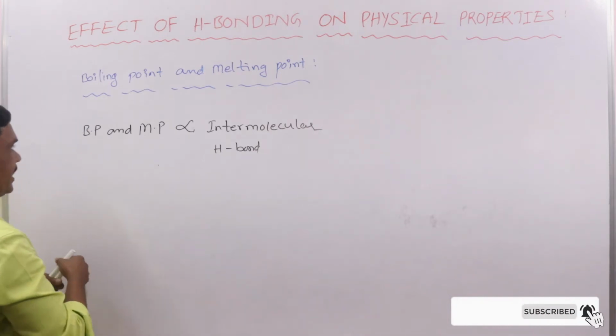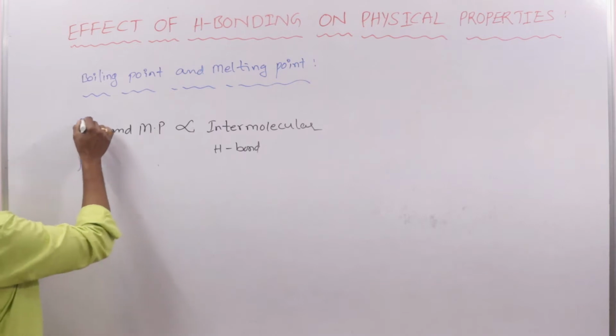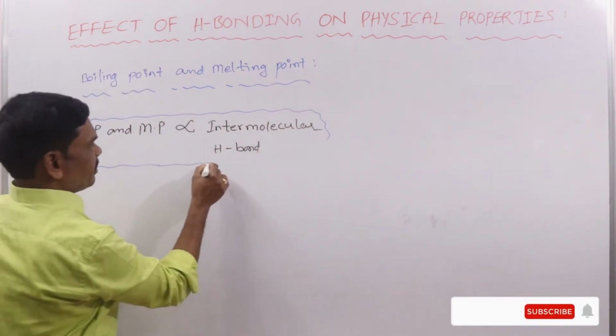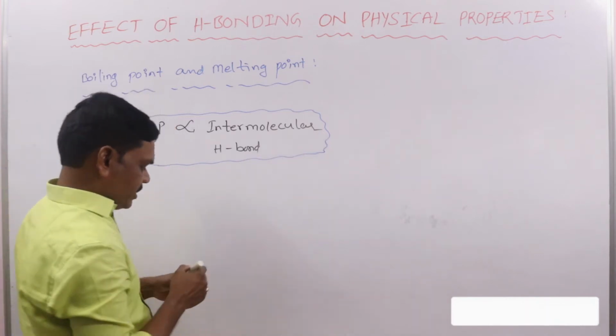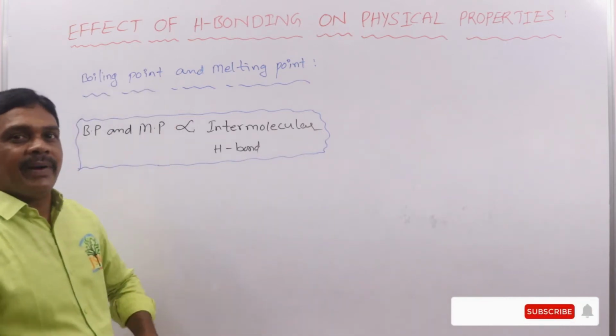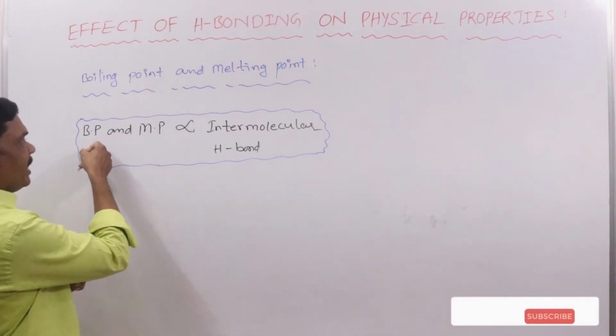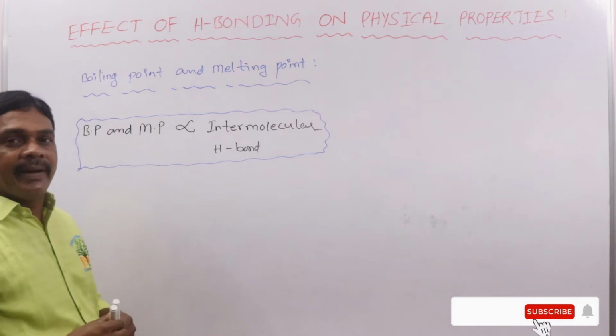Intermolecular hydrogen bond means the extent of hydrogen bonding and the strength of hydrogen bonding. Based on that, we explain the boiling and melting points of different compounds.